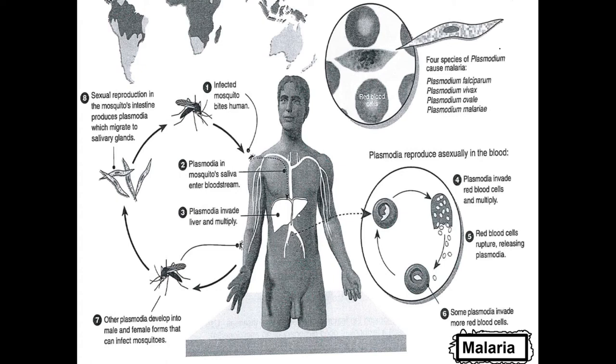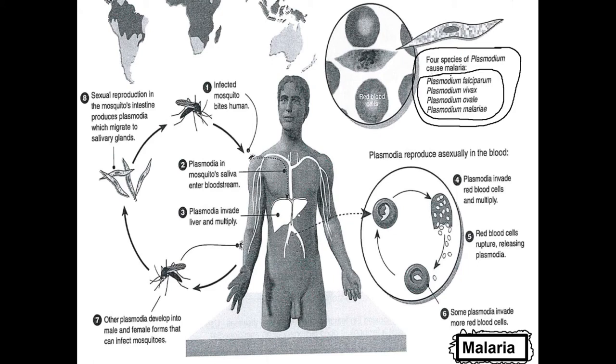caused by the Plasmodium. Remember that we defined the different terms at the start of this session, in that the pathogen is different to the actual disease. It's a different name. So malaria is caused by one of 4 species of Plasmodium: falciparum, vivax, ovale, and malariae.